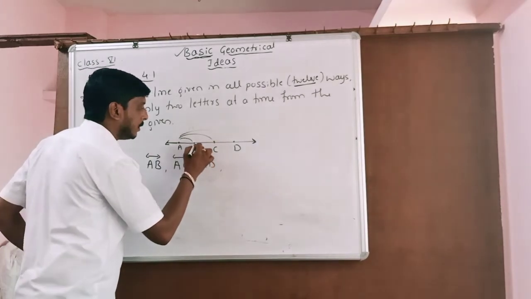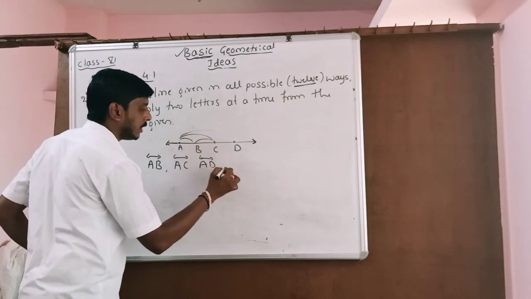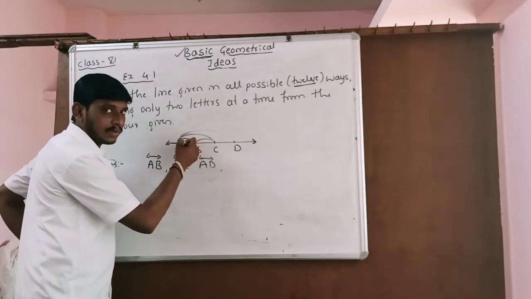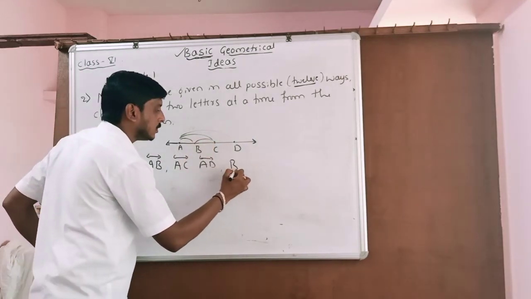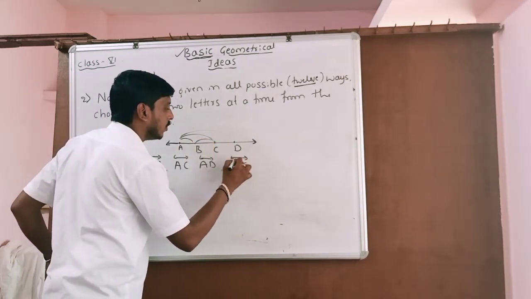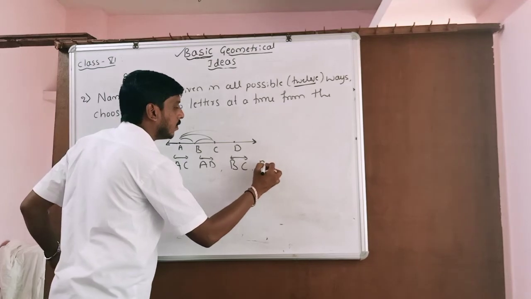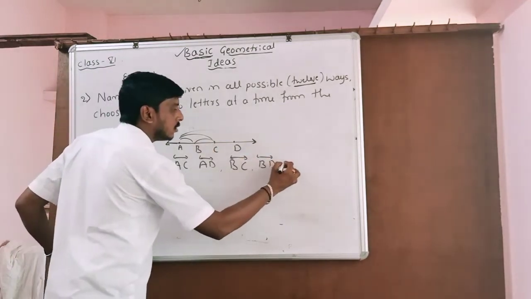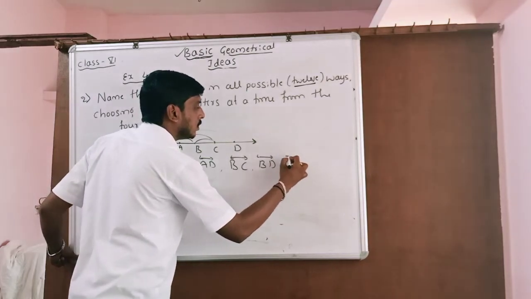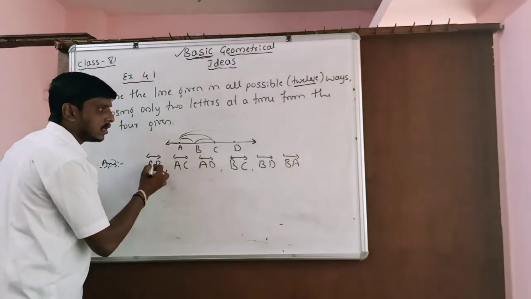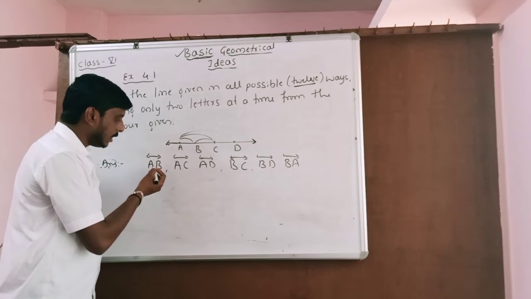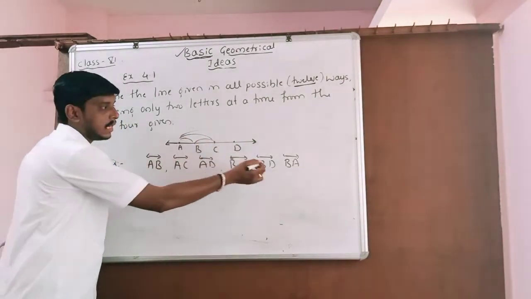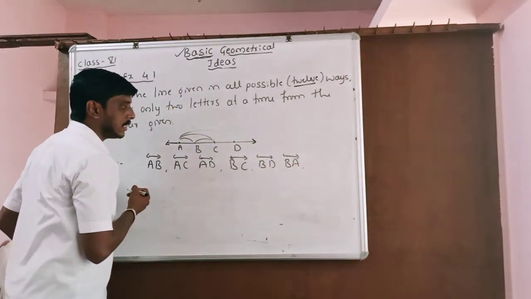So next B to C, like that. Just for your identification, don't draw like that. B to C, 1 line. B to D, 2 lines, and B to A. See, AB is there, BA is also 1 line. If AB is a line, that reverse order BA is also a line. How many lines formed? 6 lines.